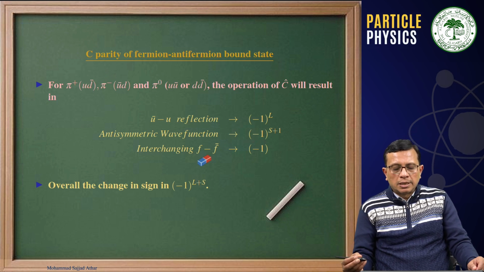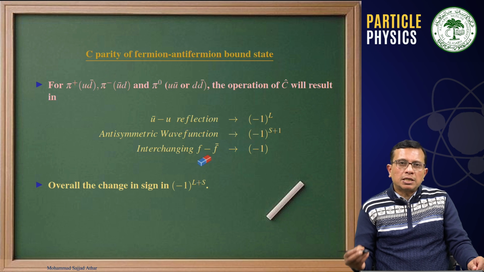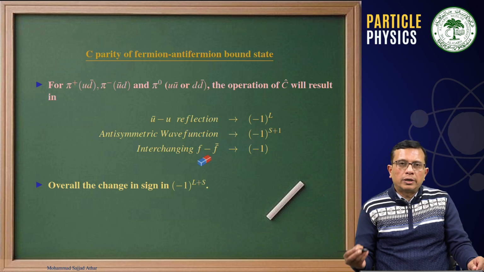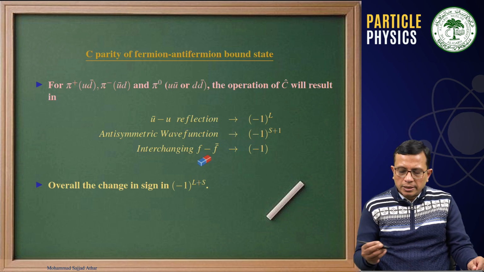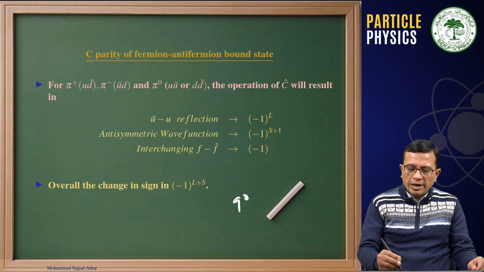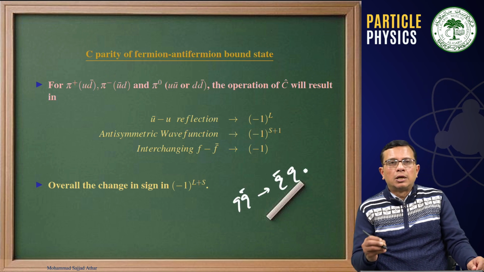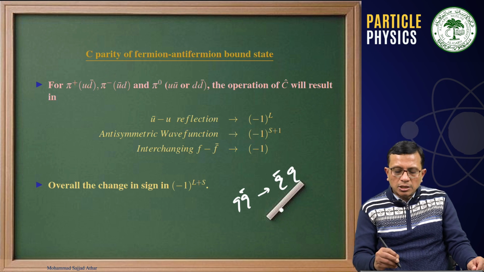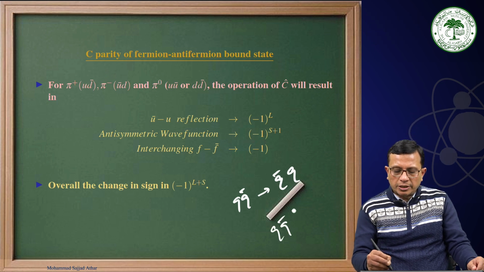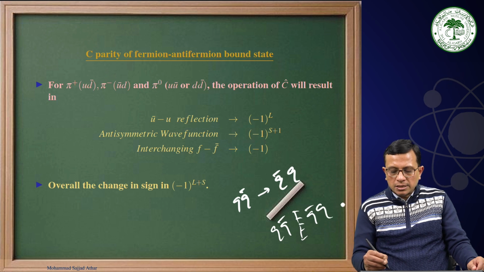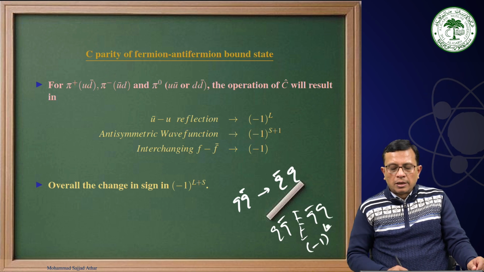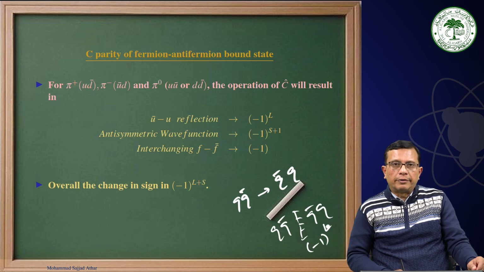What we discussed is that when we apply the charge conjugation operation on a quark anti-quark pair, it will make it q bar q, and that is equivalent to the reflection, and for the bound system we take into account the orbital parity to be minus 1 to the power L.